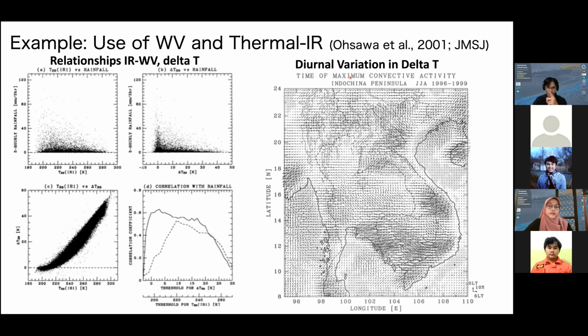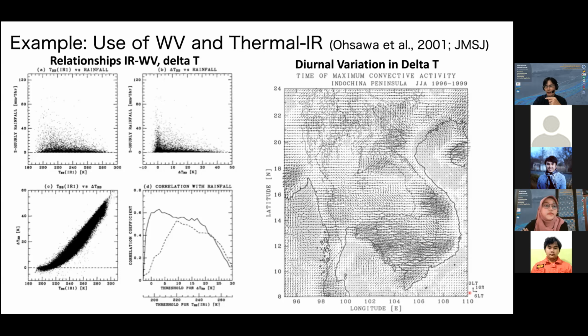The angle represents the peak time of the delta TBB. The upper direction is 0 local time, so this is analogous to a clock.